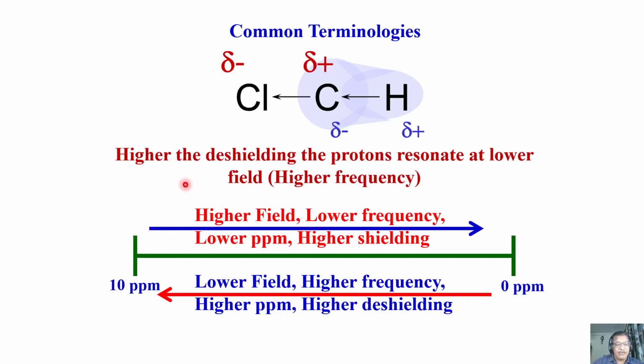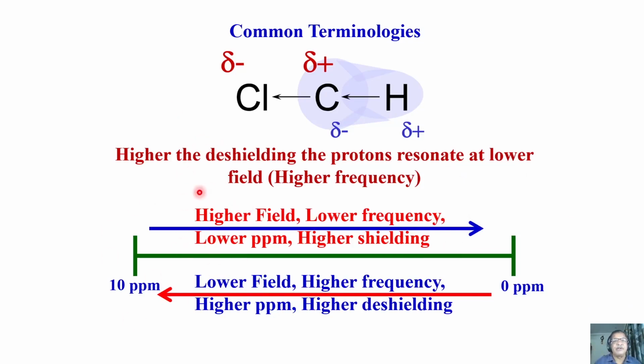So remember, if a peak is coming somewhere near 10 ppm, we say the peak is coming at the lower field, or it is resonating at higher frequency compared to a peak which is coming here. Or I would say a peak here is at higher ppm than a peak here, which is at 1 or 2 ppm, which is much lower. The value is lower here in ppm. Similarly, if I say a peak is here, it is more shielded than a peak here, so this peak is less shielded.